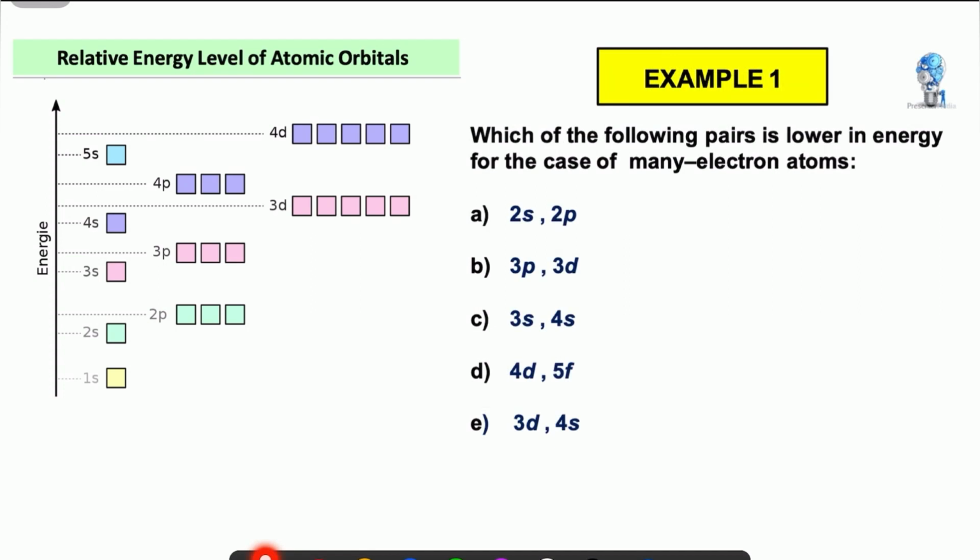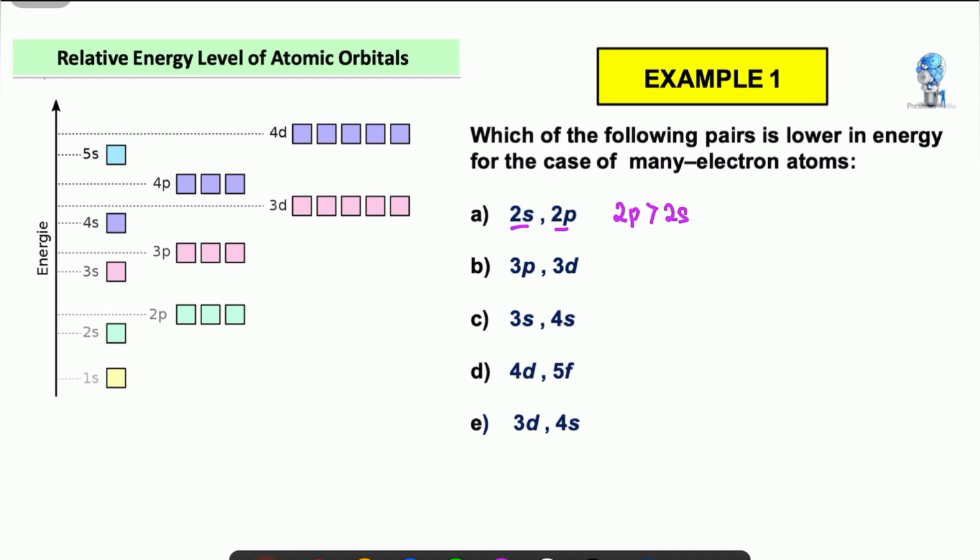Okay, let's see the example. These questions ask which of the following pairs is lower in energy for the case of many electron atoms. So let's see for the 2s and 2p for A. Between 2s and 2p, you can see that of course the 2p is higher than 2s.